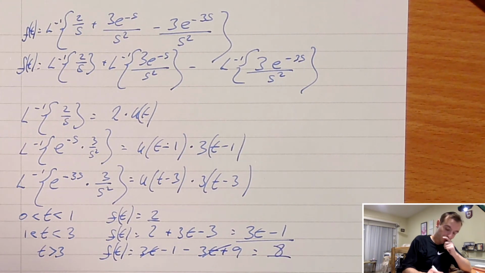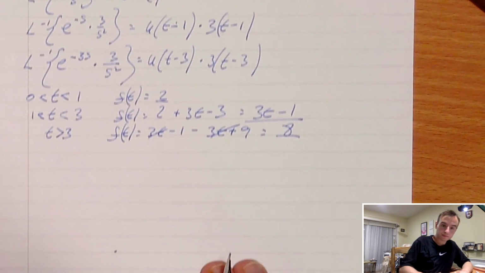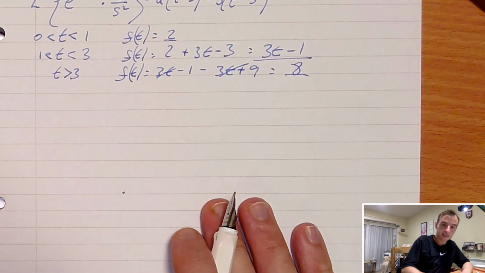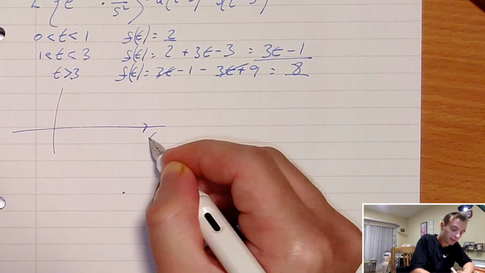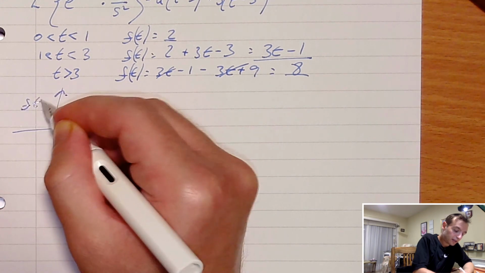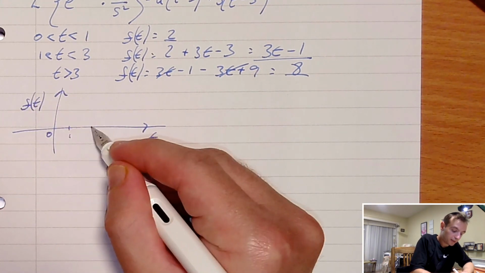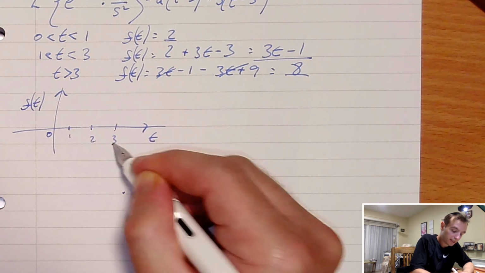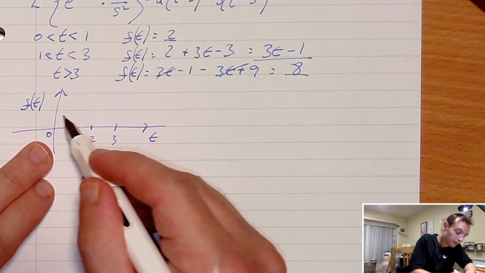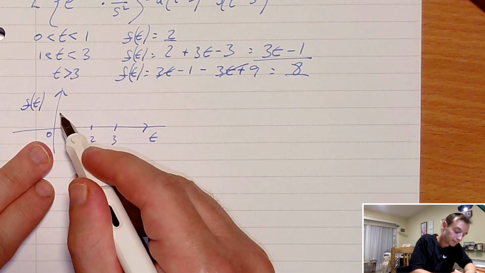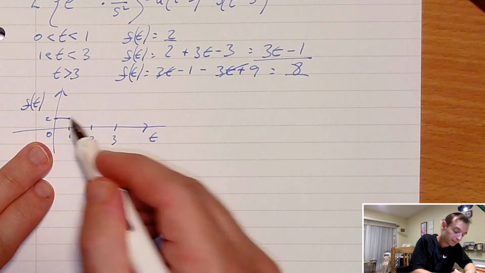Okay? So if we were to plot that, what f of t actually looks like. I always like to do just a quick sketch to begin with. We've got t and f of t between 0, 1, 2 and 3. f equals 2 between 0 and 1.